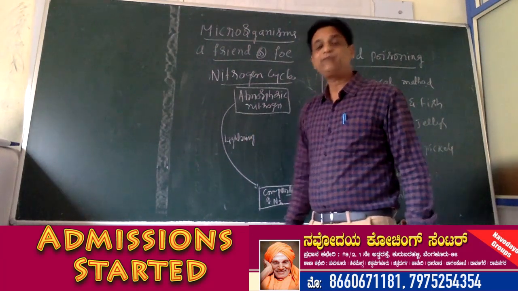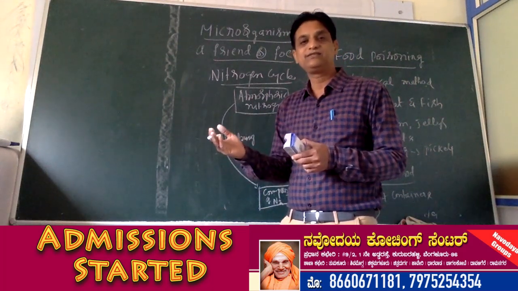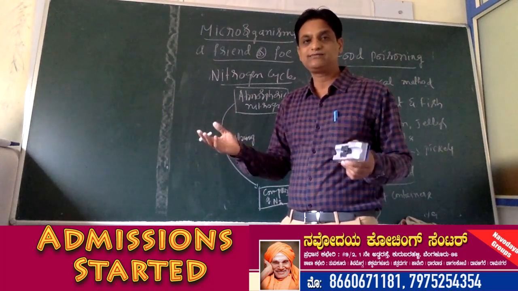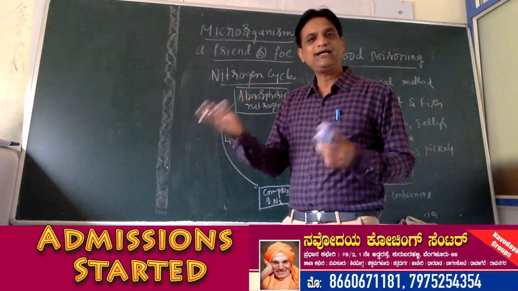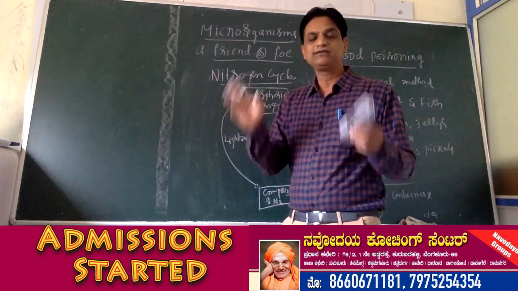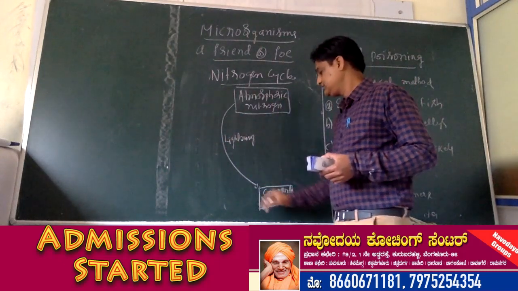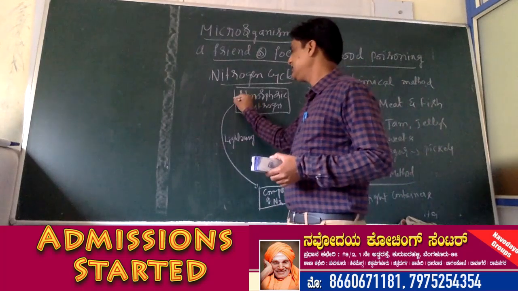So during the lightning process, nitrogen combines with hydrogen or other gases, oxygen, and as a result, compounds of nitrogen will be formed, and those compounds of nitrogen reach the soil.